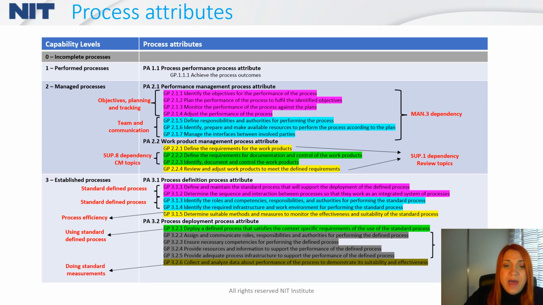Then we have this one which is called doing standard measurements, and the one which you cannot see because of my picture, using standard resources. Well, it means that the whole process attribute is only summarizing deployment of the previously defined attribute 3.1.